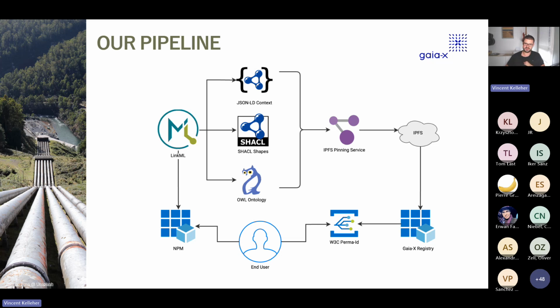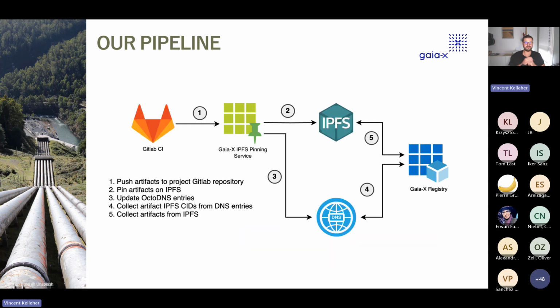To go into more details about the IPFS part, everything about the Gaia X ontology is stored on a GitLab repository. There's a GitLab CI job that runs each time there's a commit or a merge request.